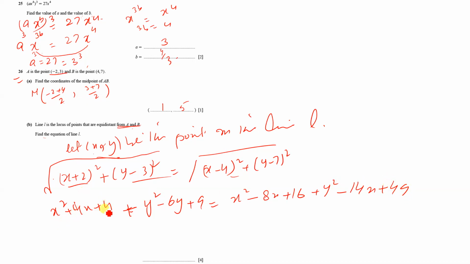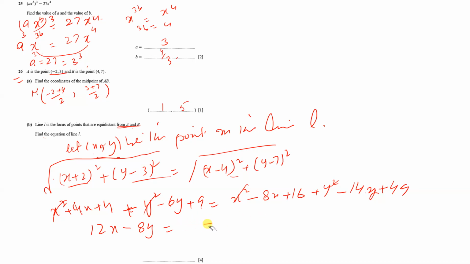Okay, so simplify these. So x squared, y squared, x squared, y squared cancel. Then we are left with 4x plus 8x, that is 12x, and negative 6y plus 14y, that is 8y. And this is equal to 16 minus 4 minus 13 is 3, plus 49, that is equal to 52.